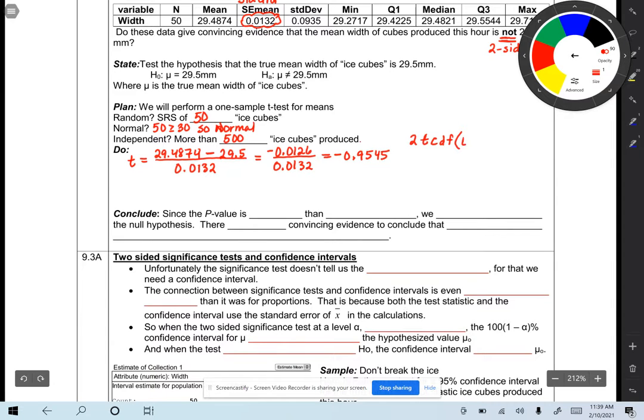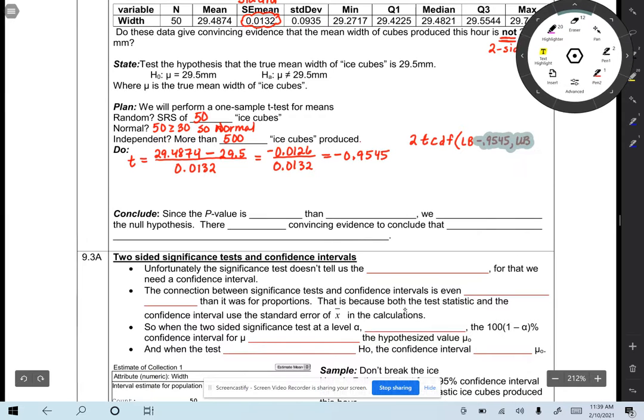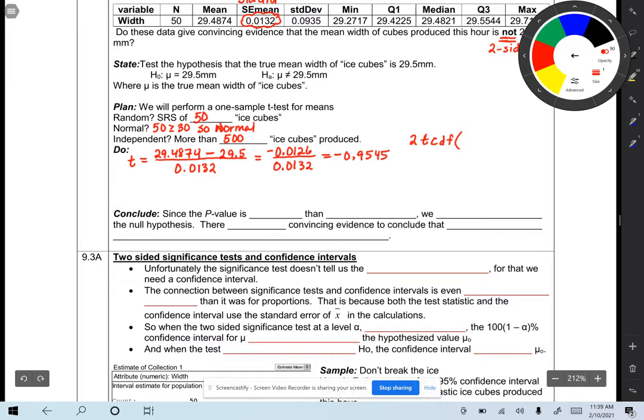Okay, our lower bound is negative 100. Our upper bound is our statistic, negative 0.9545. Sorry, I said that wrong earlier. And our degrees of freedom is 49.